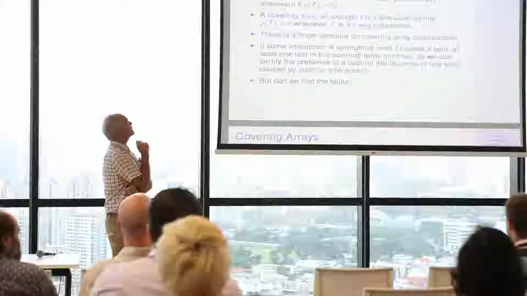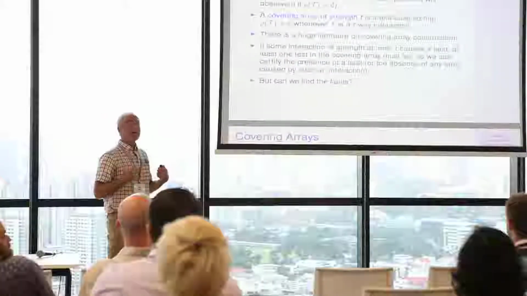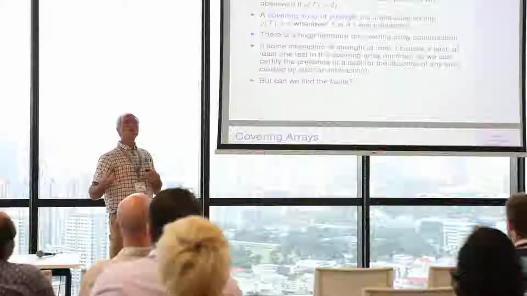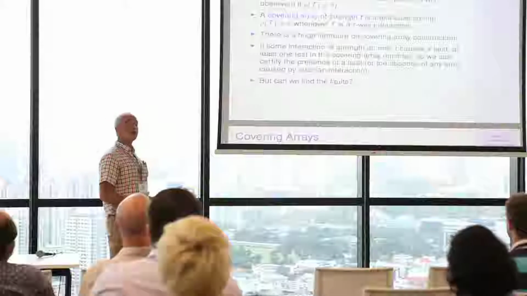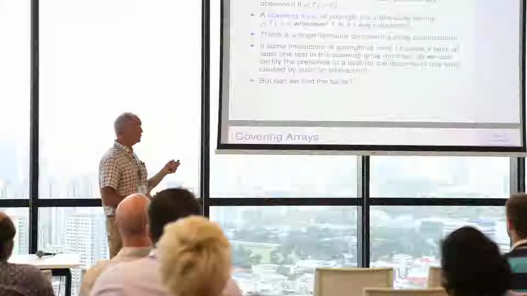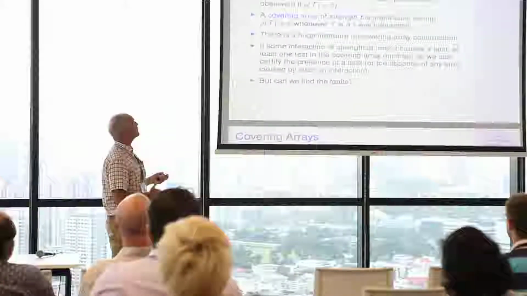I'm going to be focusing on something else. I'm going to be looking at the question, how do we find the interactions that have caused a fault or caused an unusual behavior change?